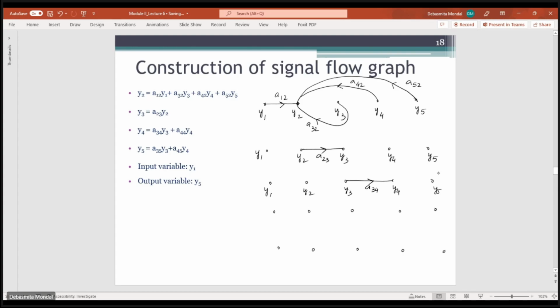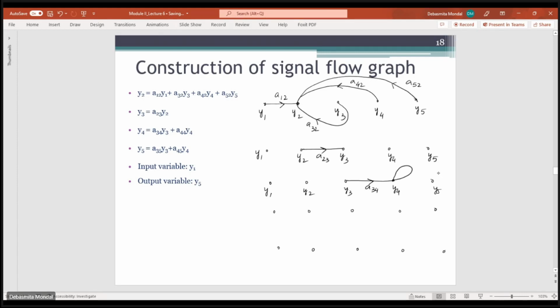And ma'am, I didn't understand this y4 equal to a44 y4, ma'am. So this y4 equals a44 y4 means there is a path starting from y4 and ending at y4. So there is a path which is starting from this node and then coming back and ending at the same node.